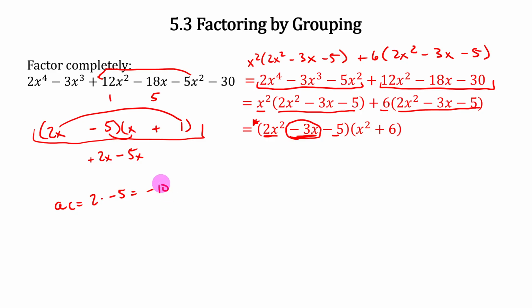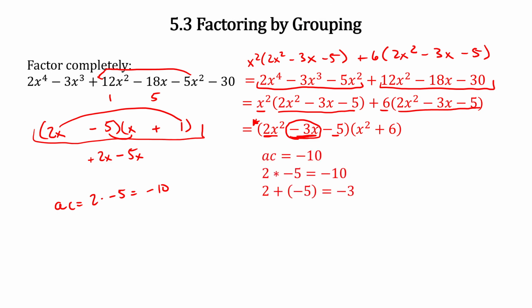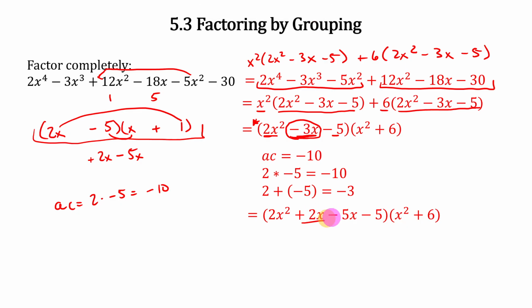And now I need 2 numbers that multiply to negative 10 but add to negative 3, and that's going to be 2 and negative 5 again. So weirdly, we just keep using the same numbers. So I'm going to break up the minus 3x. I want to keep the 2's together, because 2x minus 5x is negative 3x.